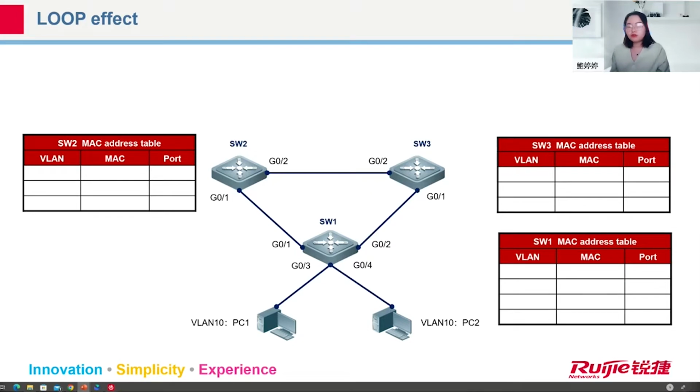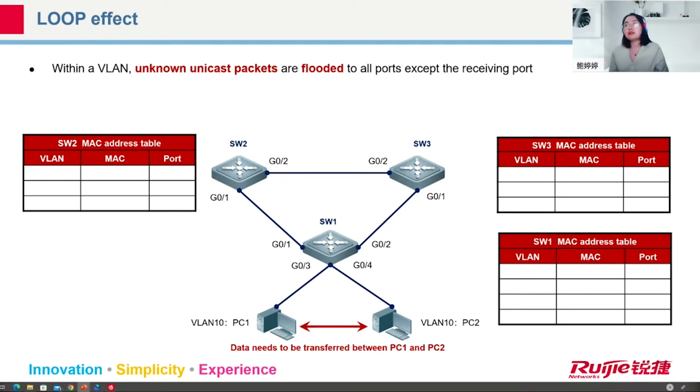At the beginning, if PC1 and PC2 want to communicate with each other, PC1 will send out the message. But about the switch, at the beginning when we start the switch, the entry of the MAC address table is empty, right?